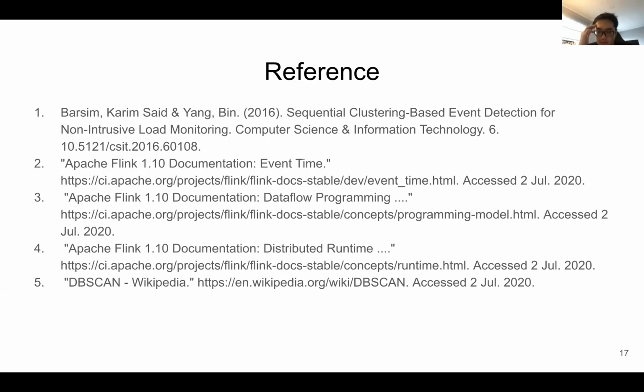A lot of the NILM algorithm was explained in this paper, and a lot of the methodology and low-level process was adapted from their paper. So if you want to learn more about our work, it's better to look at their paper first to understand what they're doing. And the rest are just the documentation for Flink and DBScan.